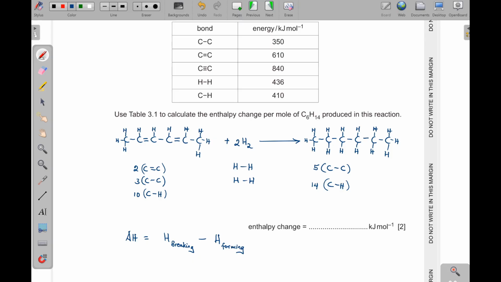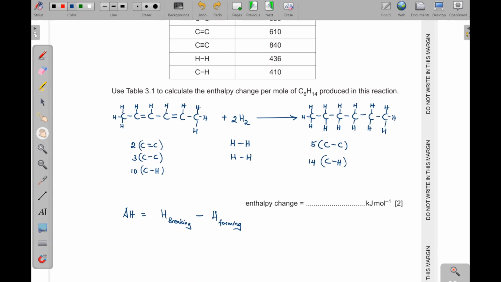So the energy for breaking, you are breaking these bonds and then you are forming these. So bond breaking is endothermic because you are putting in energy to break. You get that? And then bond formation is exothermic. So here we shall have the enthalpy change that goes in here to form this.